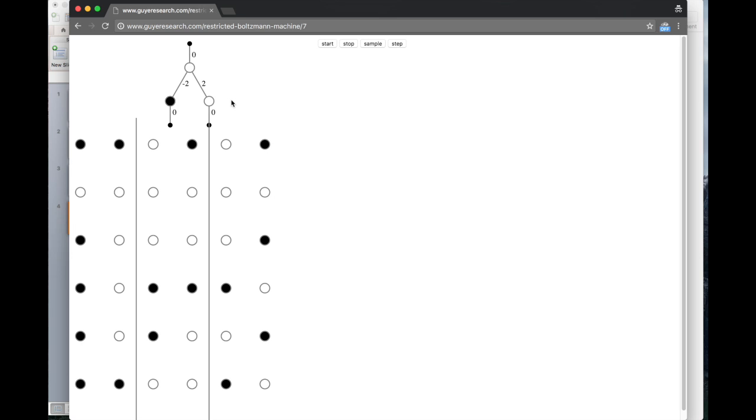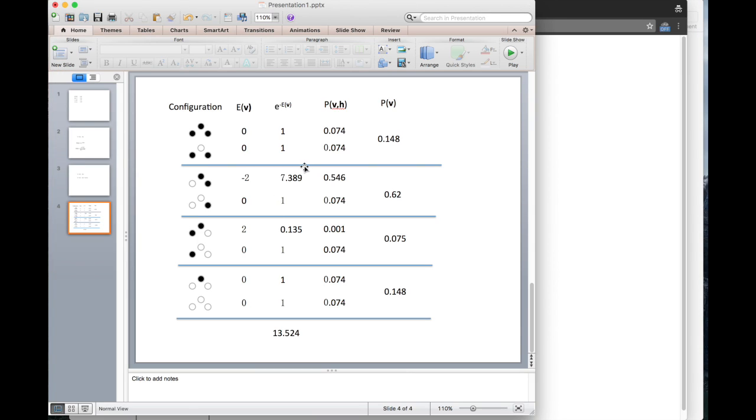Another way to think of the distribution is that, imagine you have tens of thousands of exactly the same systems, and you let them run a few time steps, then you count the occurrence of the configurations of the visible units in all of these identical systems. You should find roughly the same distribution as here.